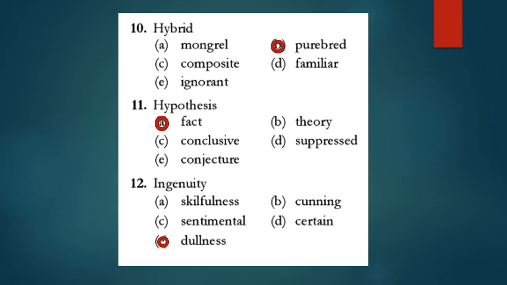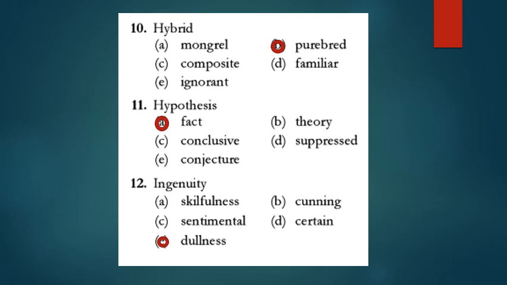Hybrid. Let's see the options there. Mongrel means crossbred. So the opposite will be purebred. Composite, familiar, ignorant are not the right answers. So the right answer is B, purebred. Hypothesis, the opposite of that is fact. Conjecture means imagining something, your imagination.